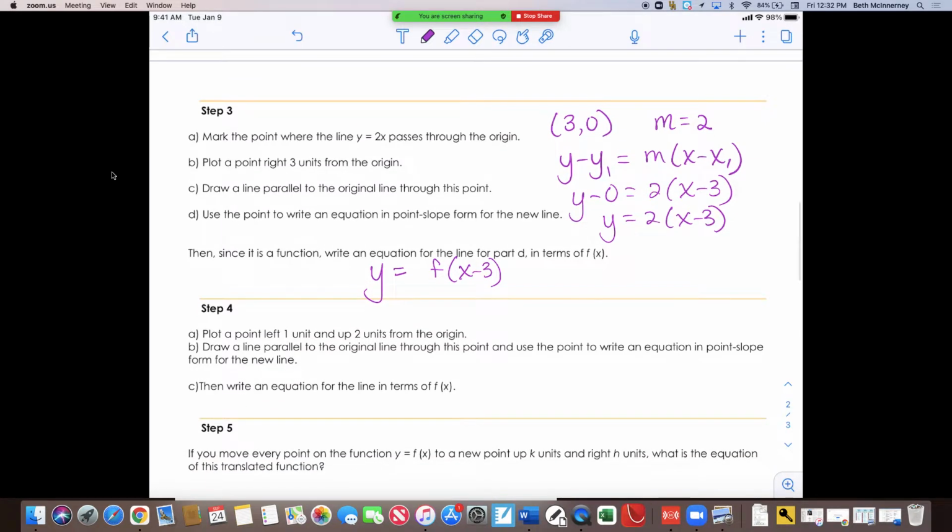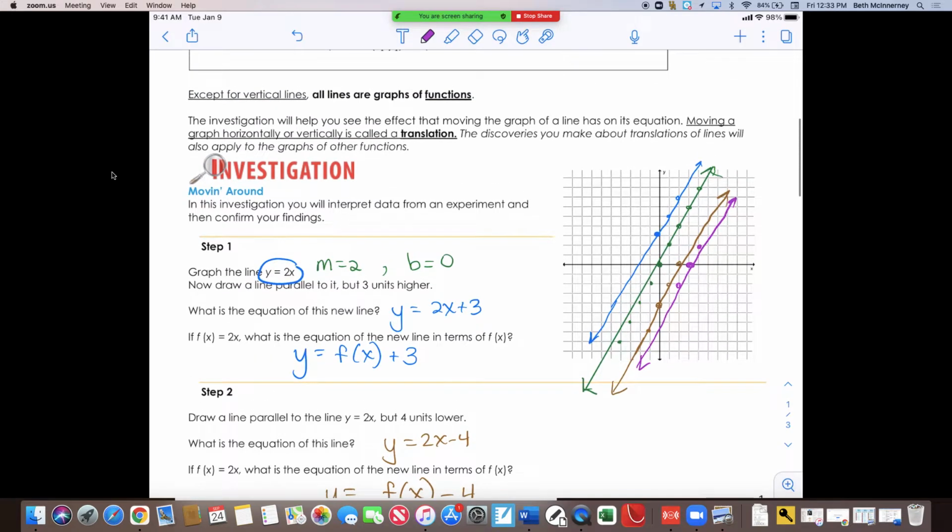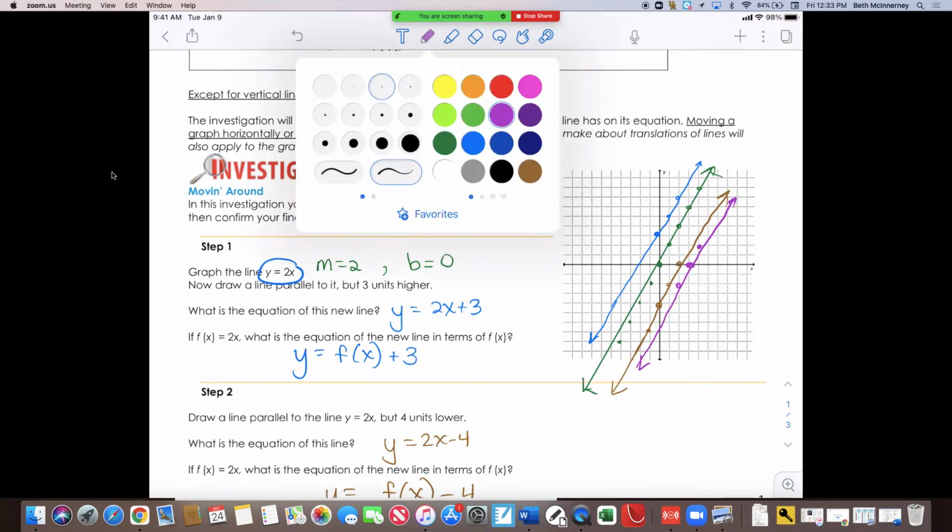All right, so in step 4, plot a point 1 unit left and 2 units up. 1 left and 2 up. So let me go back here, and I'm going to go 1 left. Let me change colors so we can see it.